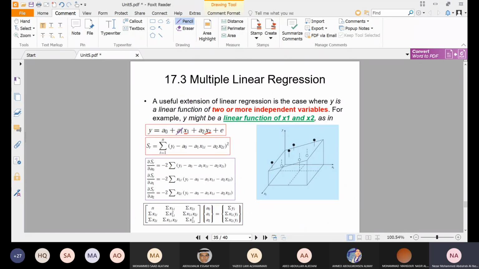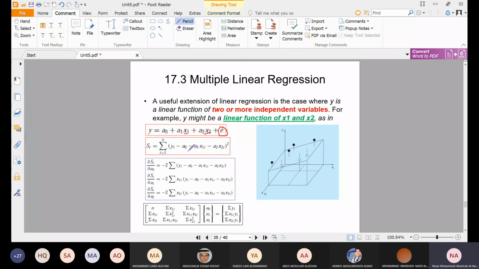So in the multiple variables case, we have a0 plus a1 x1 plus a2 x2, for example, plus the error. As we said in the regression, we have the noise, so you have to include the noisy data. This will be the error, or the sum of the squared error, where we subtract the model from the data that we have.